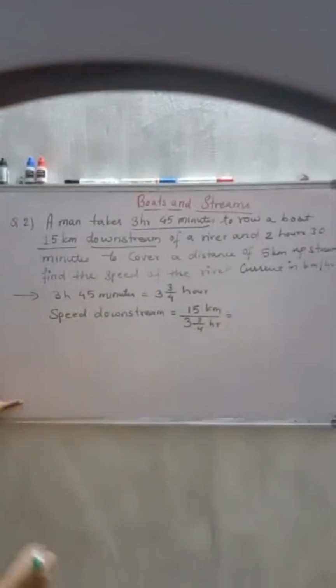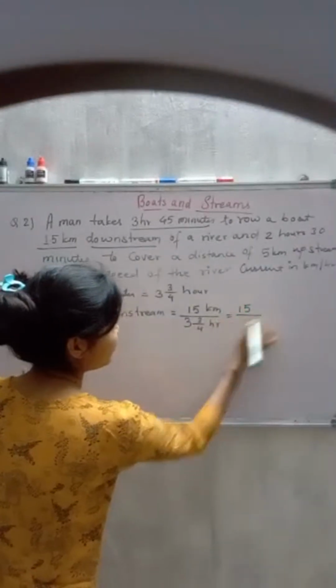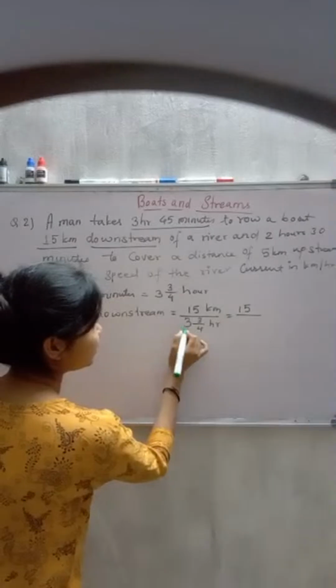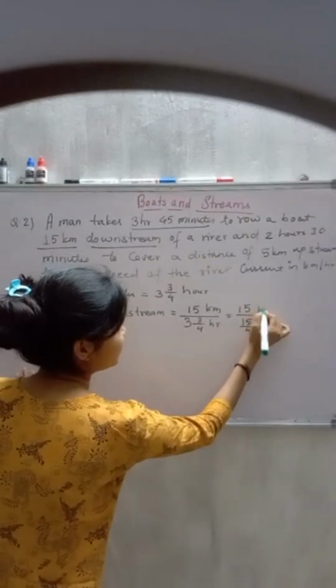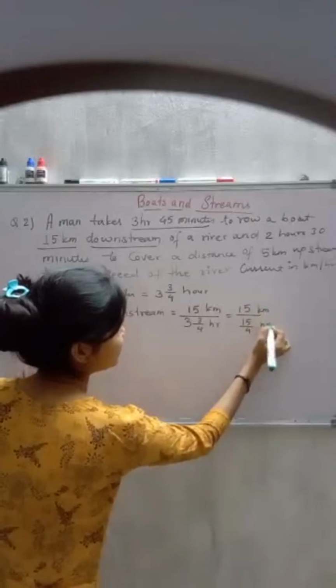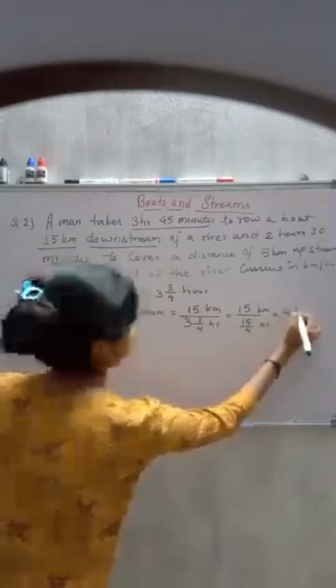So we will get, after simplifying, 15 divided by 4 3 are 12, 12 plus 3, 15 by 4 kilometer, and this is hour. So 4 kilometer per hour will be the required speed downstream.